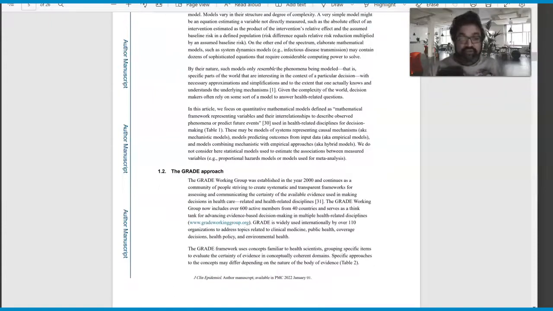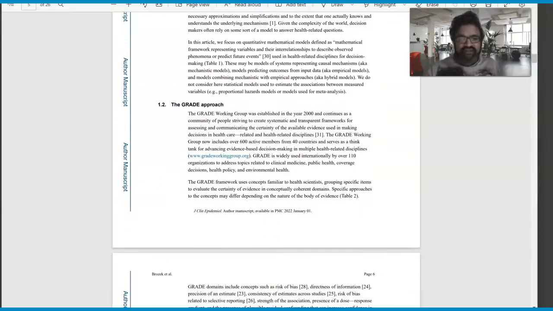The GRADE working group was established in the year 2000 and continues as a community of people striving to create systematic and transparent frameworks for assessing and communicating the certainty of the available evidence used in making decisions in healthcare. Whenever you have interventions, there's actually a small n. There's not a huge sample size. So one of the ways to circumvent that is to create frameworks that will allow evidence to be evaluated.